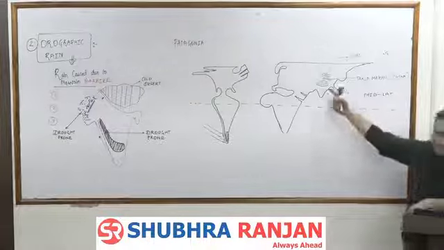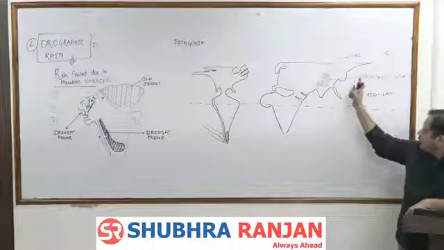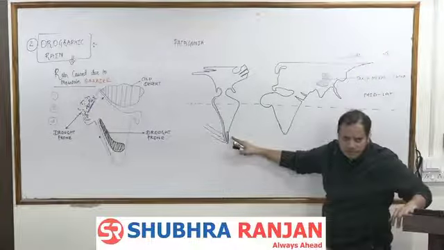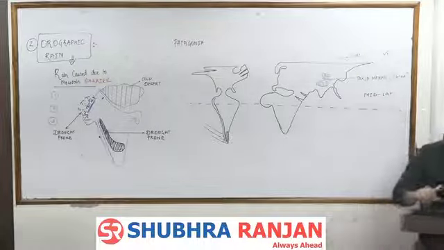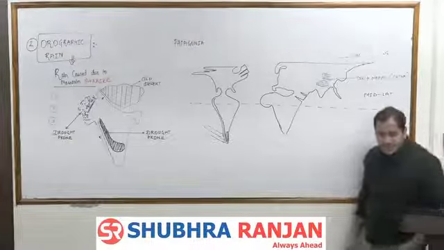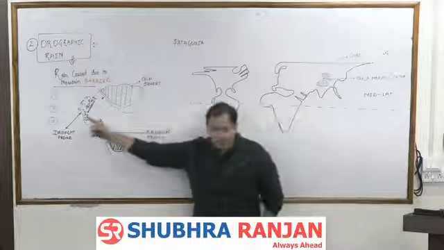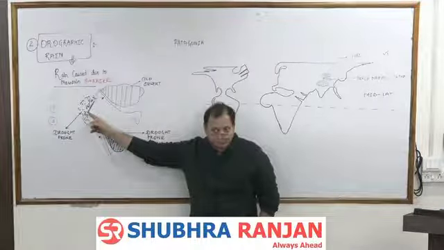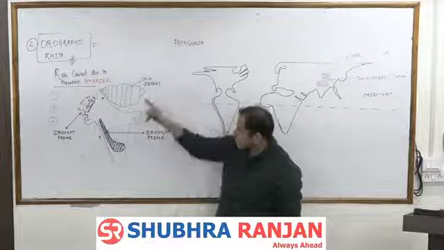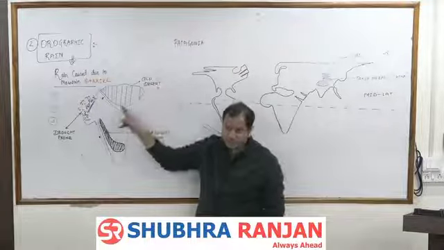So these are the mid-latitude deserts of the world: 1, 2, 3 and 4. This is Patagonia desert. So in India there are 2 desert regions. The hot desert is due to the Aravallis, not rain shadow effect but the parallel nature of the Aravallis, while the cold desert is due to the rain shadow effect of the Himalayas.